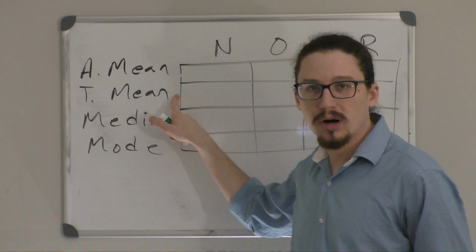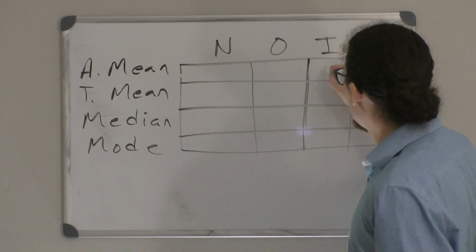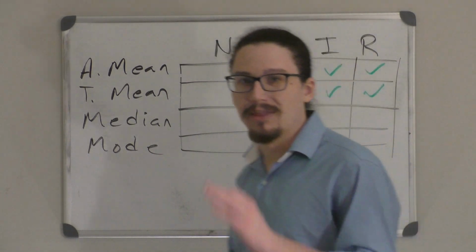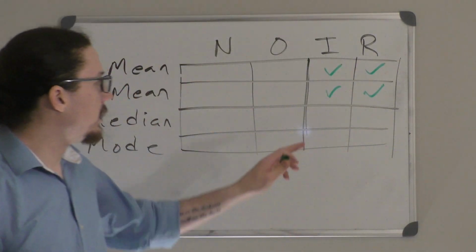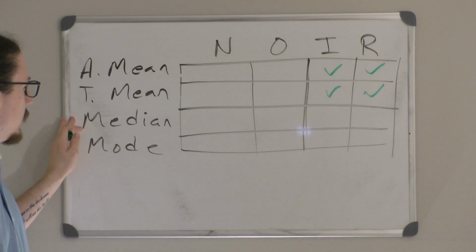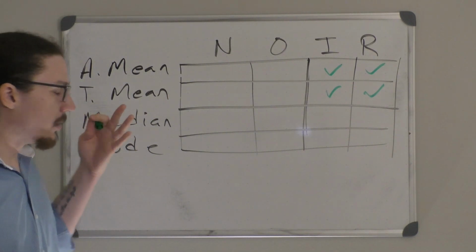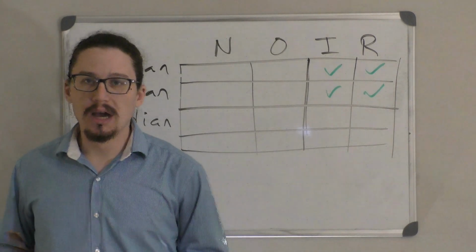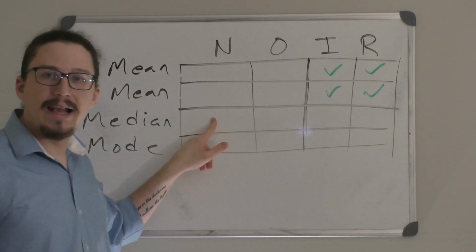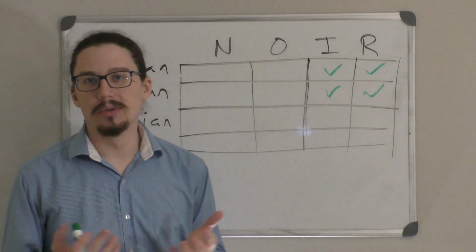In fact, we simply can't use nominal or ordinal data because this is categorical data, and we can't do math with categorical data. So if we're trying to find an arithmetic mean or a trimmed mean, it has to be the case that we have either interval or ratio level data.